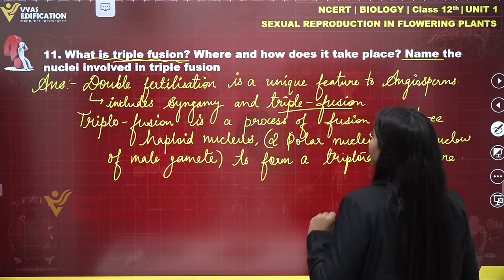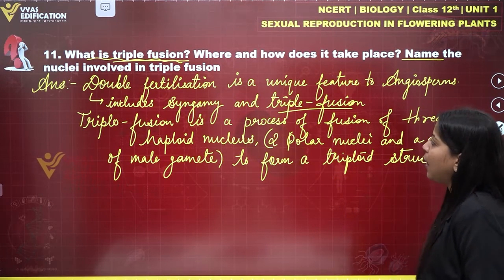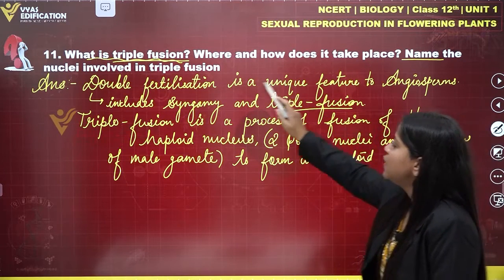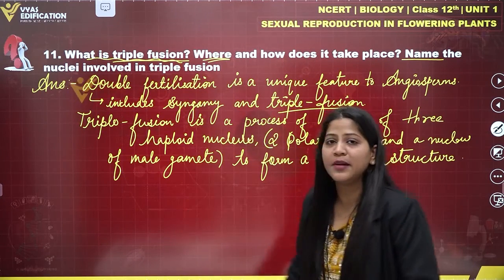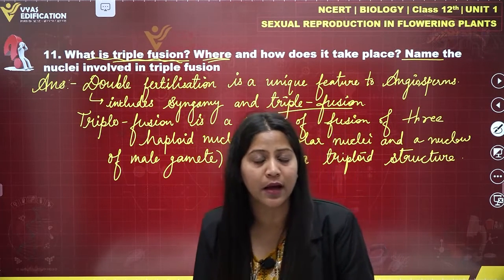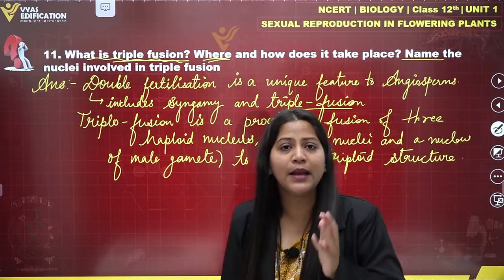Alright, triploid structure. If we talk about the second part, where and how does it take place? Triple fusion takes place inside the embryo sac, which we call the female gametophyte.